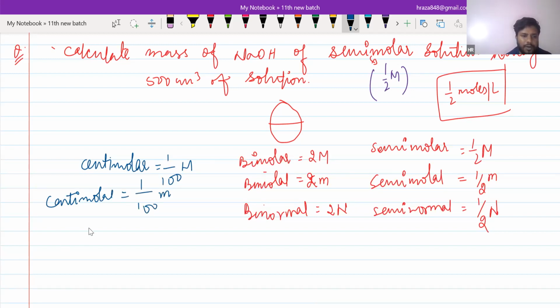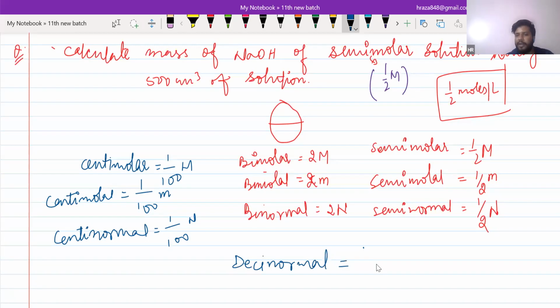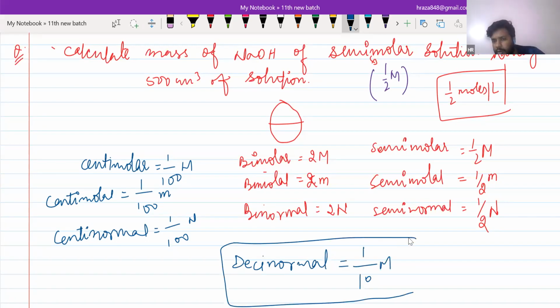Centinormal means 1 by 100 N. If we are talking about decinormal, that means 1 by 10 N. So these are some terms you have to remember while solving numericals.